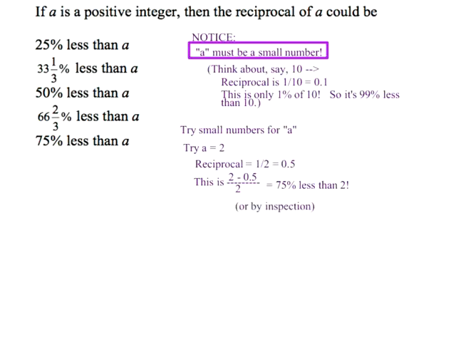If you have 2, then 25% of 2 is 0.5. So the difference is 1.5, which is 75% of 2. Either way, picking numbers here is your friend.